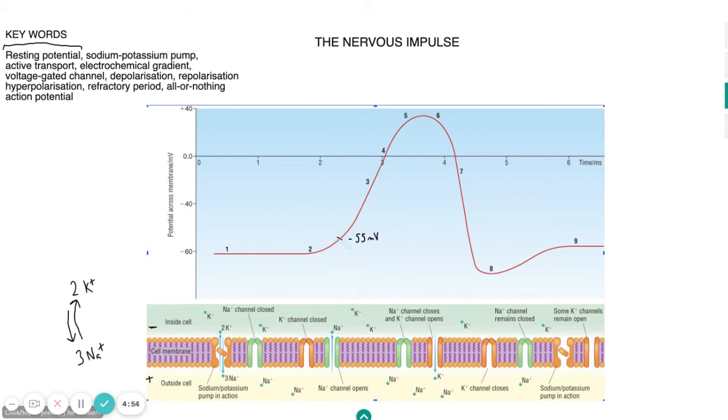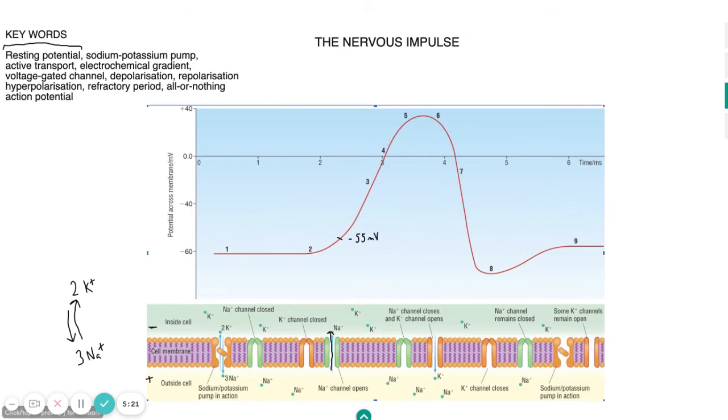And when that happens, you can see here the sodium ion channel opens. And when the sodium ion channel opens, all the sodium ions which have been pumped out against their concentration gradient are going to naturally diffuse back in. And they're going to bring their positive charge.